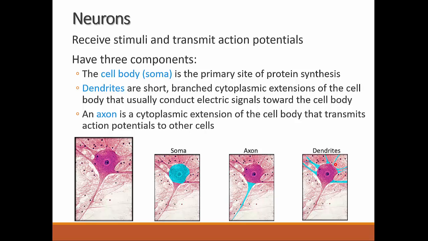The dendrites are the receiving extensions of the neuron. Incoming information moves through the dendrites to the cell body where information is processed. And then outgoing information moves through the axon, which will allow the neuron to communicate with other cells or send signals.